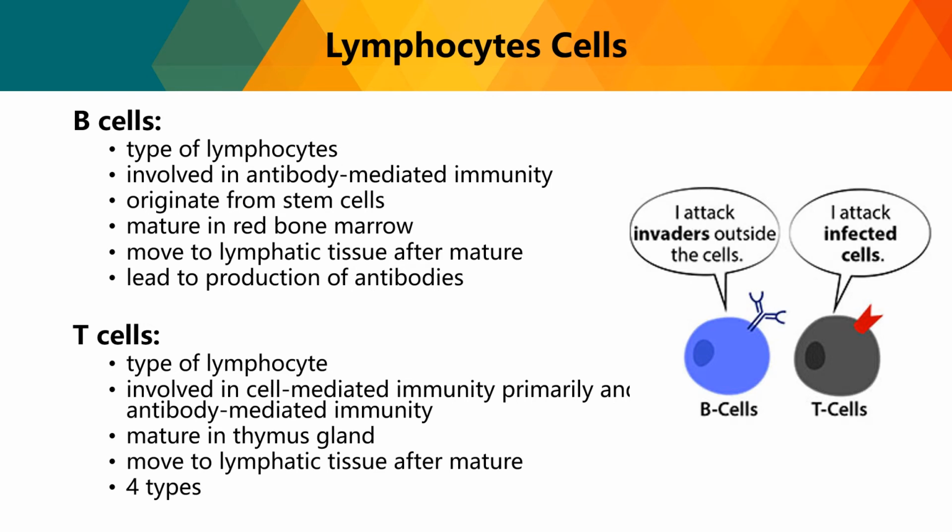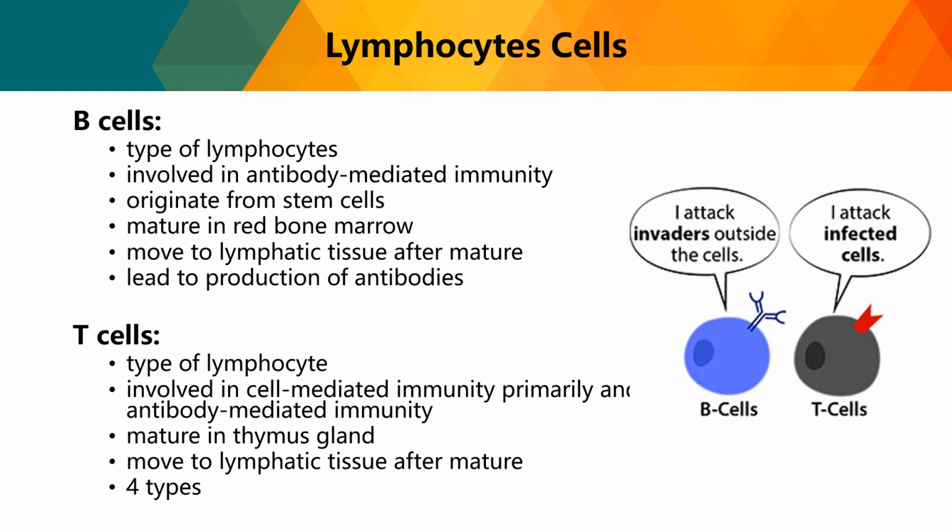So the differences of the lymphocyte cells: B cells are a type of lymphocyte involved in antibody-mediated immunity, originating from stem cells in the red bone marrow, and they move to lymphatic tissue after maturation, which leads to the production of your antibodies.